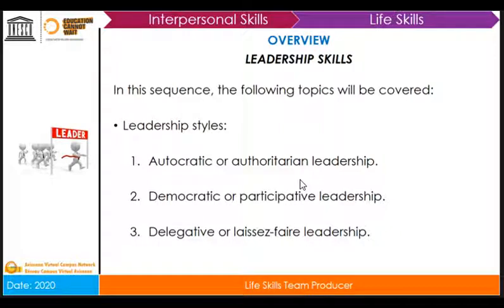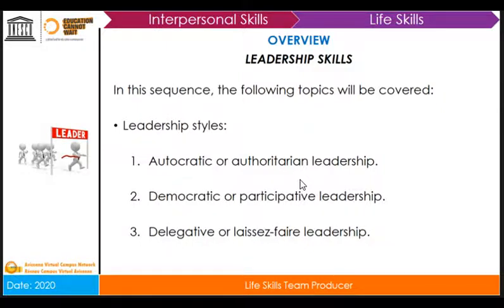In this sequence on leadership styles, we will look at the different leadership styles, which include 1. Autocratic or authoritarian leadership, 2. Democratic or participative leadership, and 3.